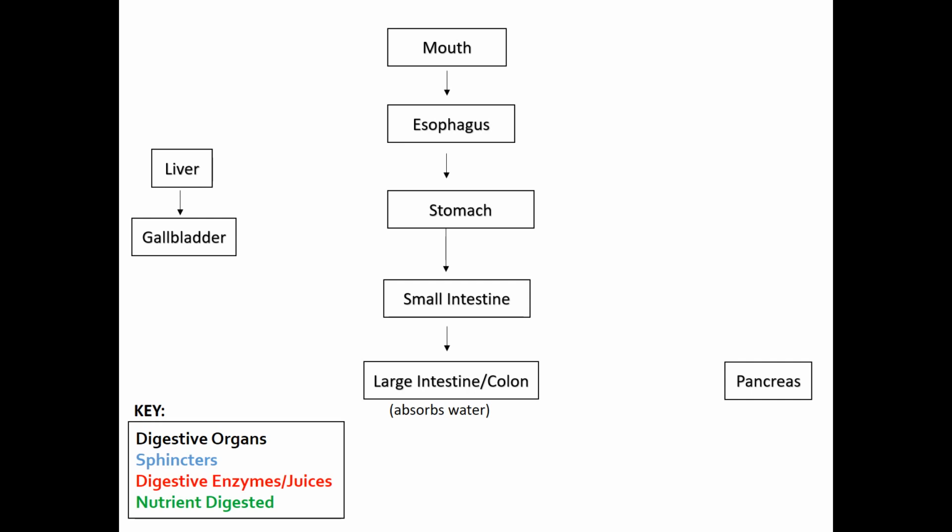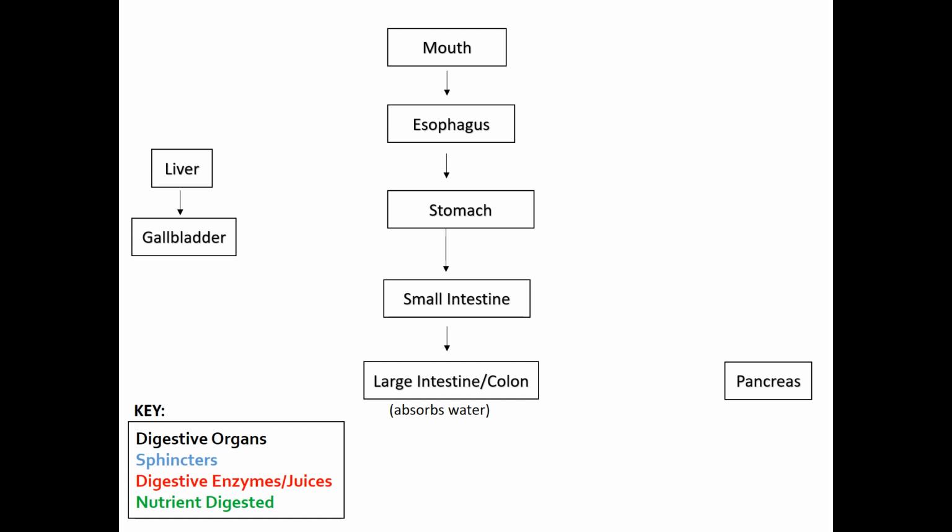All right, now we're going to go ahead and go on to the digestive system itself. First thing that we want to know are what are the organs that make up the digestive system. And that's what I have for you here. So we have a little key that shows you in color coding what each of the items on the diagram are.